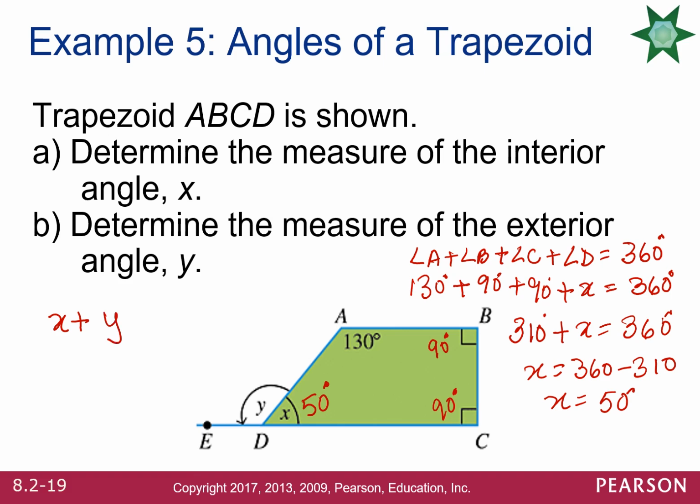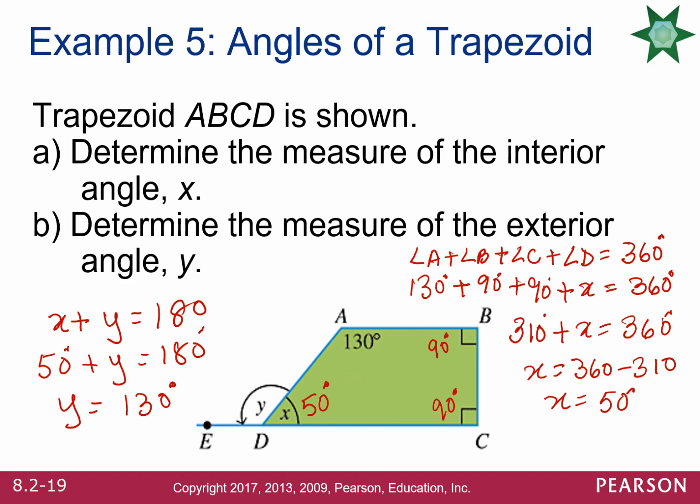So X plus Y equals 180 degrees. X is 50 degrees, plus Y is 180 degrees. So solve for Y: 180 degrees minus 50 degrees should give us 130 degrees for the measure of Y.